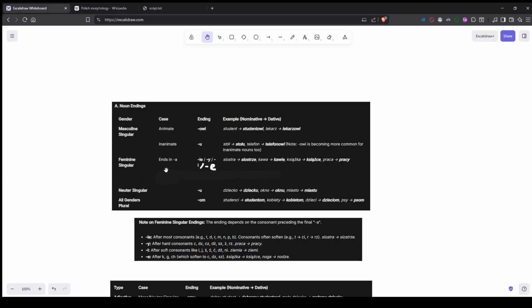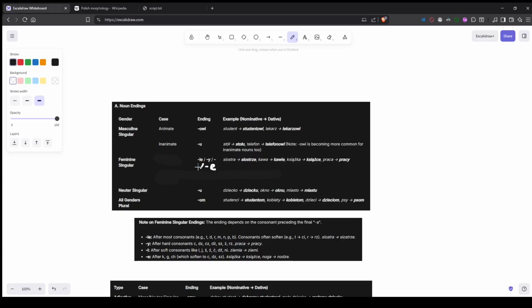Then we have the feminine singular. Okay, it says right here ends in a, but disregard. So we can skip this part. Okay, for every feminine singular noun, there are 4 possible endings: ye, i, or e.